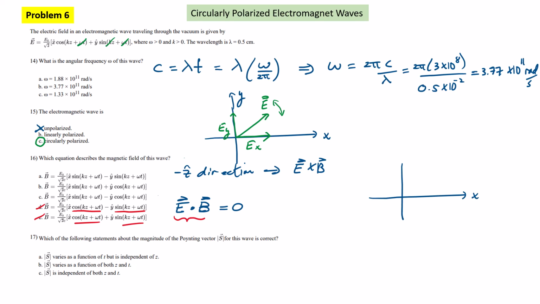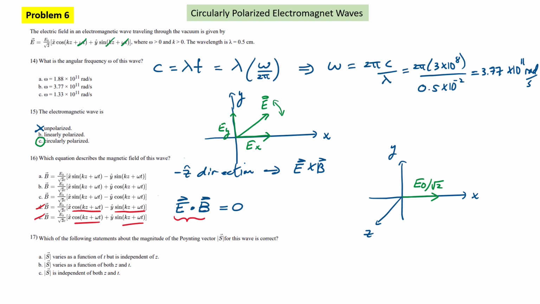I have x, y, and positive z coming out of the page. So at time 0 and at this position, all I have now is an electric field that looks like this, and the amplitude of that field is E0 divided by the square root of 2.